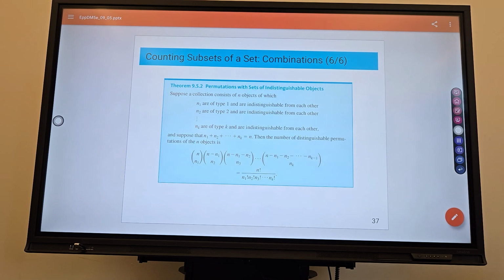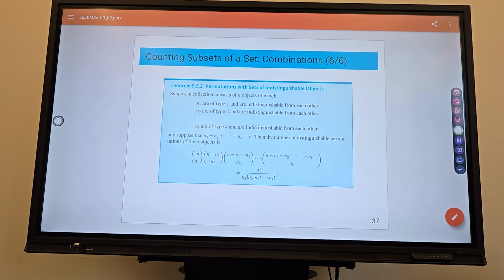Permutations with sets of indistinguishable objects. Theorem 9.5.2. Suppose a collection consists of n objects of which n1 are of type 1 and are indistinguishable from each other, n2 are of type 2 and are indistinguishable from each other, etc., to nk are of type k and are indistinguishable from each other.